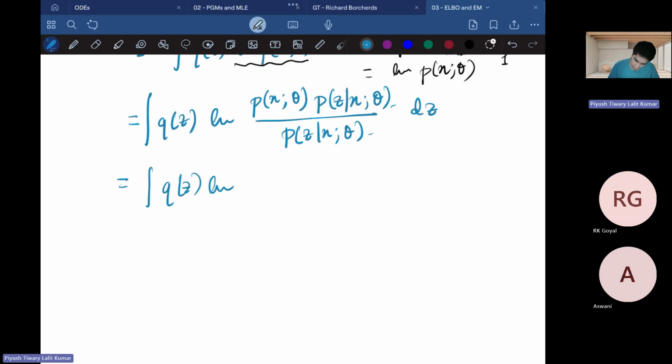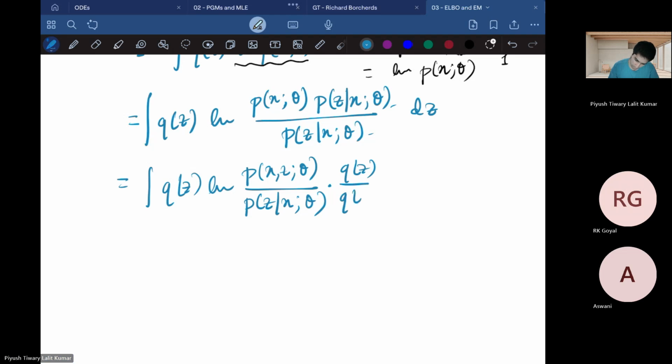These two terms will combine: this is p of x into p of z given x, so these two will jointly become p of x comma z, theta, divided by p of z given x, theta. Nothing fancy. Now I will again multiply and divide by q of z here.